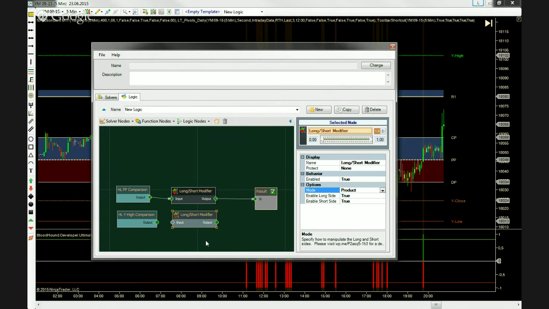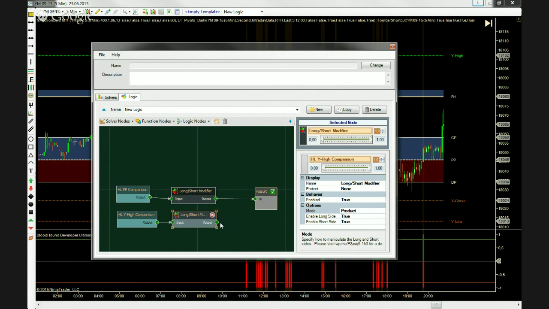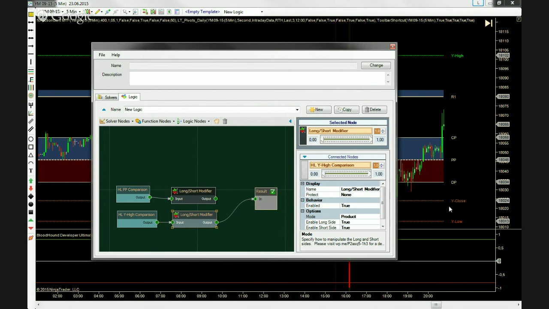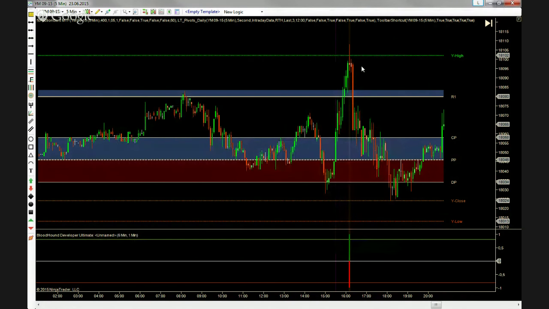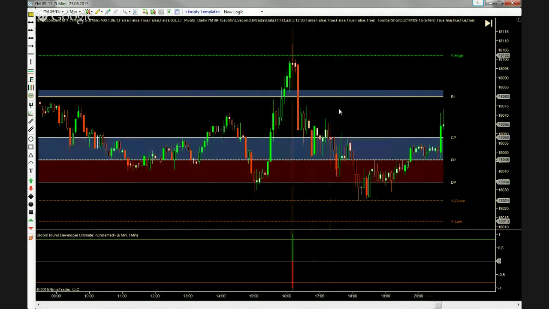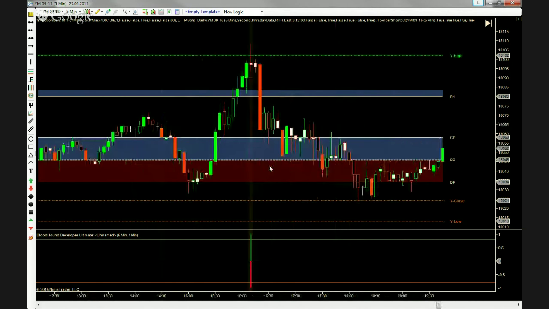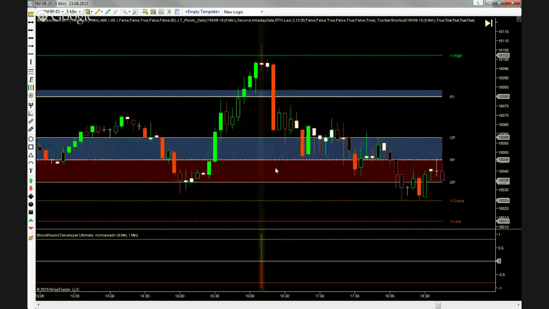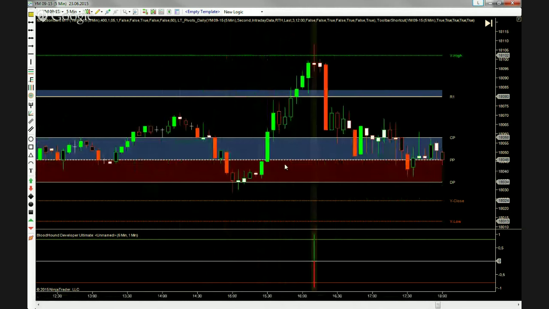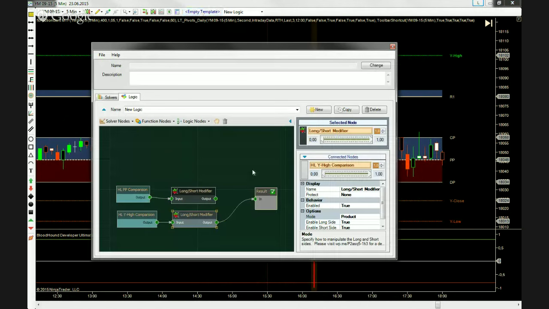So connect this up, and with this, here you see we have isolated this bar right up here. So it's a little bit bigger. Okay. So I think you understand the gist of this. At least I hope you do.